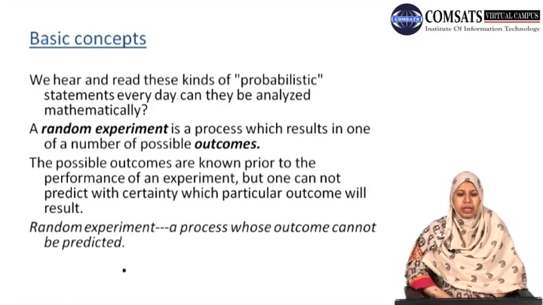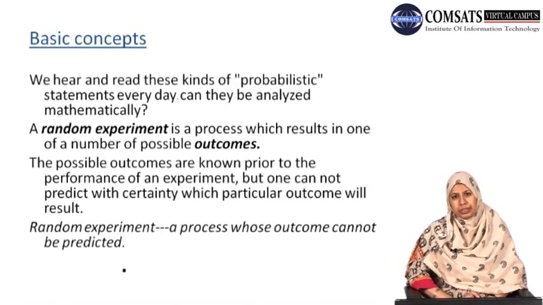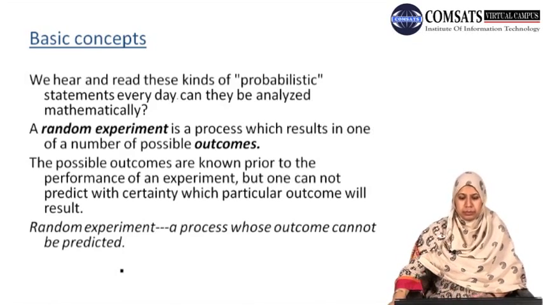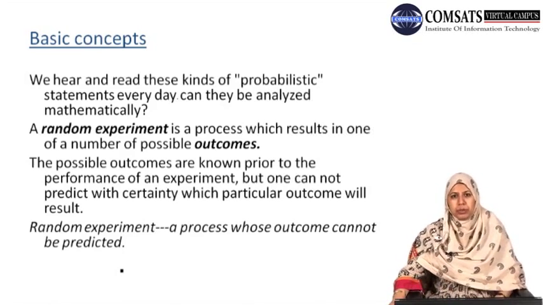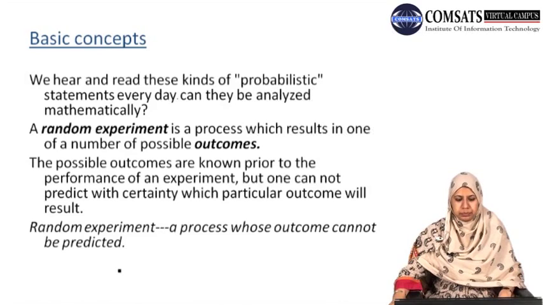That is, the possible outcomes are known prior to the performance of an experiment, but one cannot predict with certainty which particular outcome will result. So, in other words, random experiment is a process whose outcome cannot be predicted, but we know the set of all the possible outcomes.